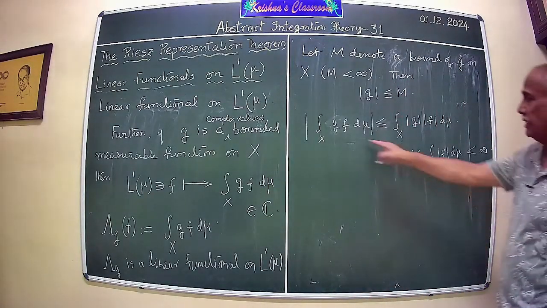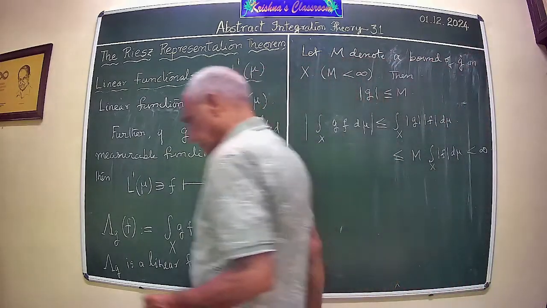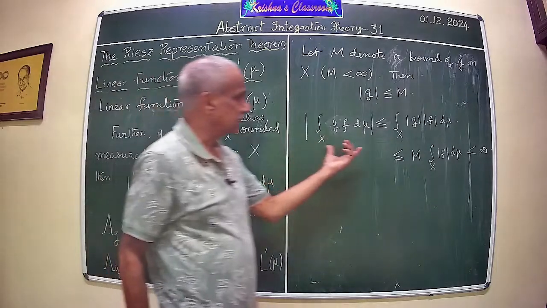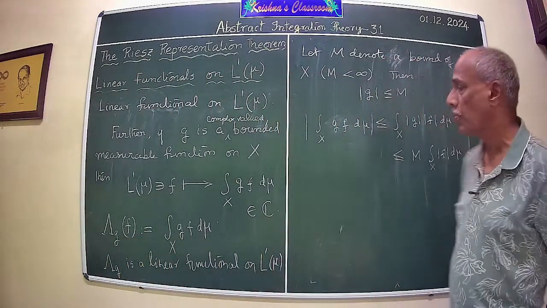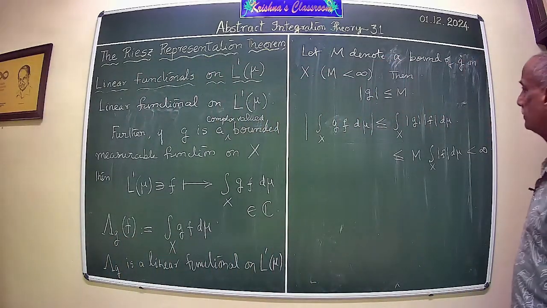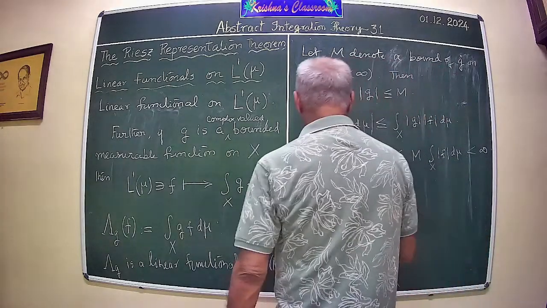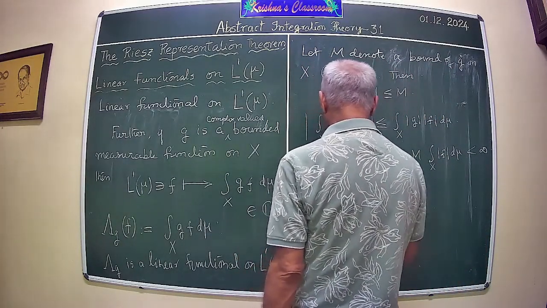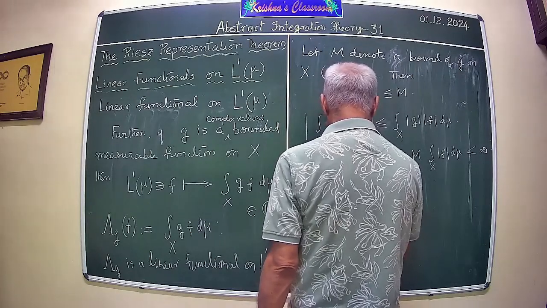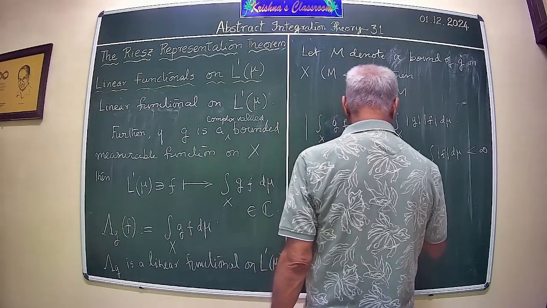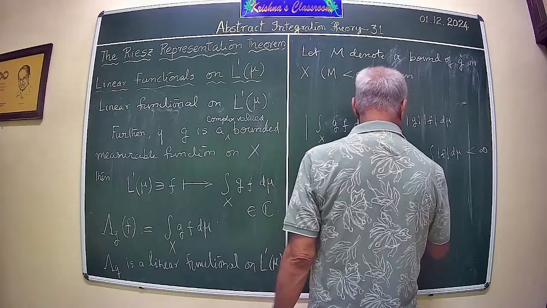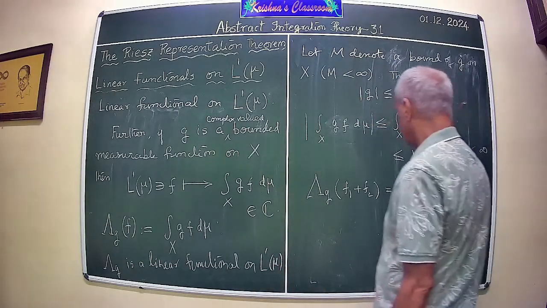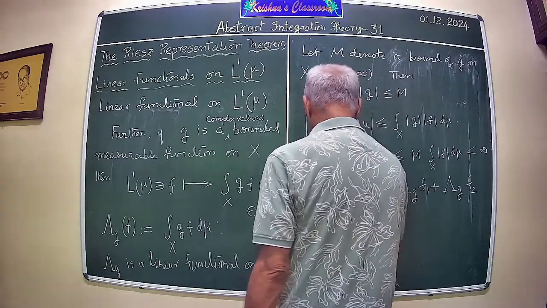So therefore, this is well defined, right? And it's again a complex number. And therefore, you see that this is well defined, and then of course it is easy to show that lambda G is linear.